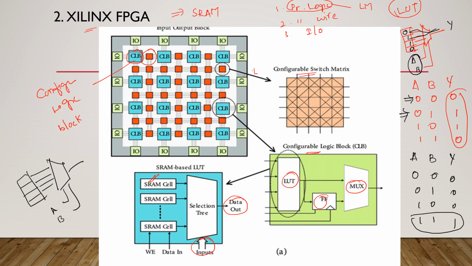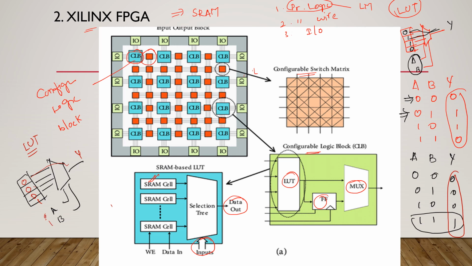If you want to program this LUT as an AND, to perform the AND operation, I have to store the data 0001 in the SRAM cells. The control signals are A and B. If the inputs are 00, my output is connected to the first SRAM cell.